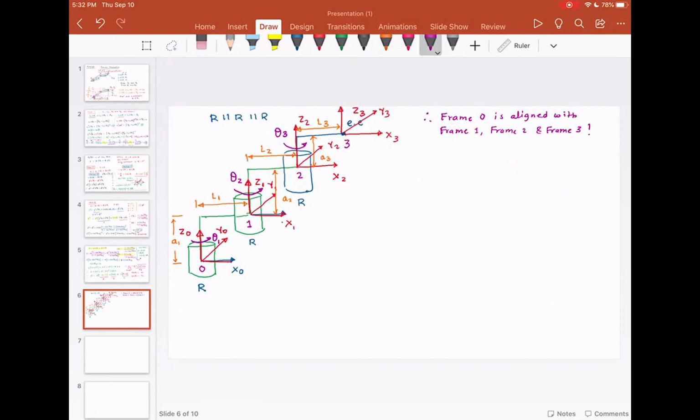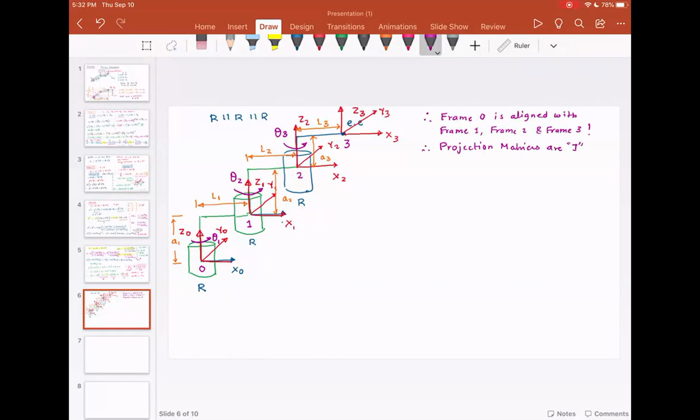So fortunately for this particular problem, frame 1 is aligned with frame 2 and frame 3. What does this mean? It means the projection matrices are all identity.